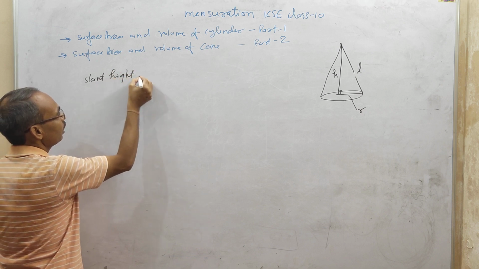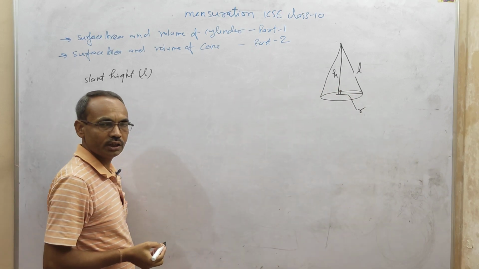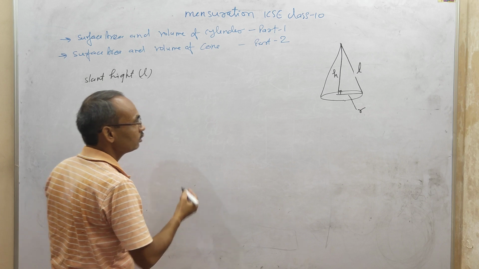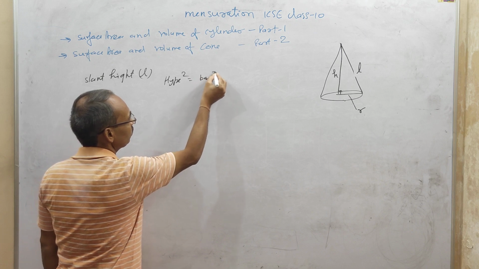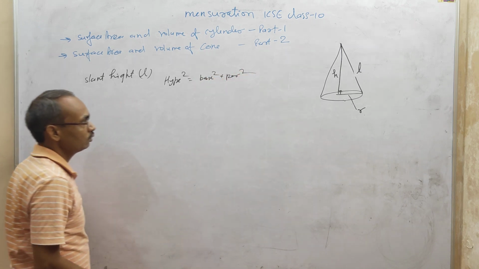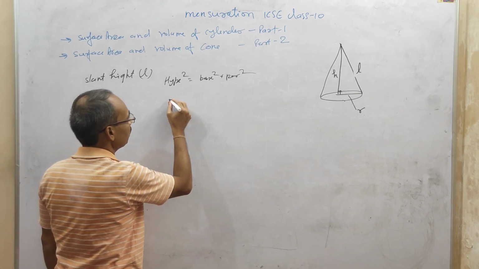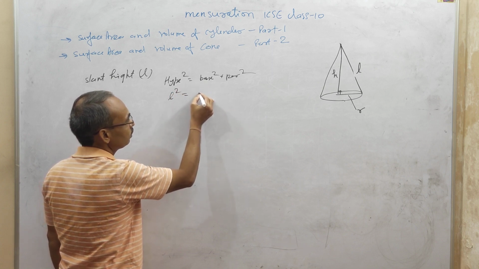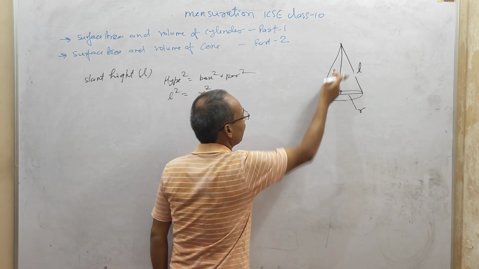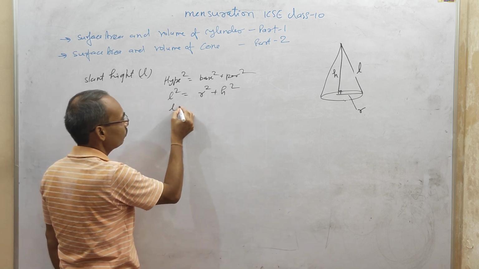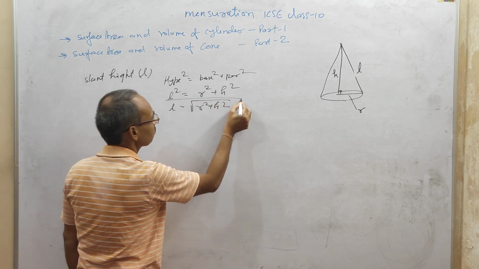You know that this is a right angle triangle, and applying the formula of Pythagoras, the hypotenuse square is equal to base square plus perpendicular square. Hypotenuse is L, so L square is equal to base, which is R square, and perpendicular, which is height, so H square.